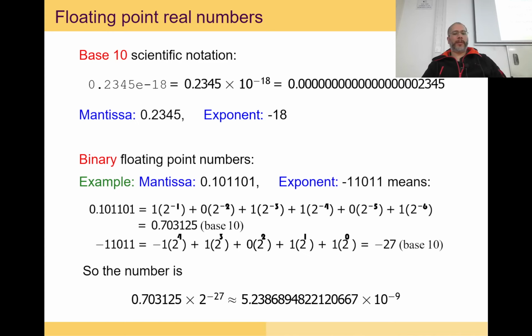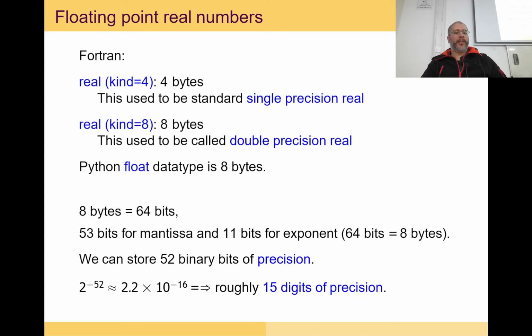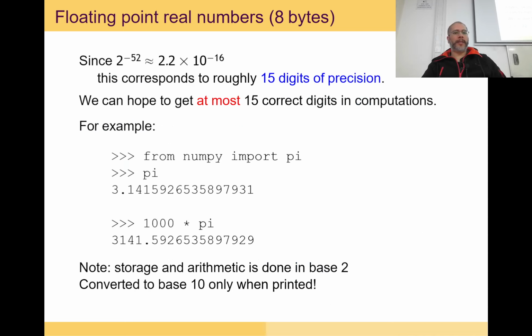That's the smallest number you can store. So basically you can store 2 to the minus 52 precision. That results in 2.2 times 10 to the power minus 16. That is the machine epsilon that we've talked about, and we'll encounter this again and again when we deal with precision. Just worth recalling this idea.